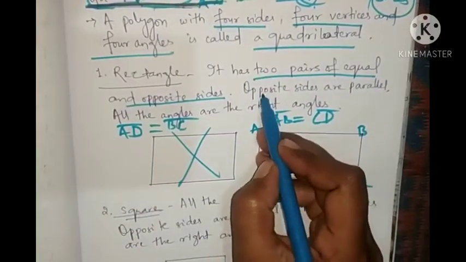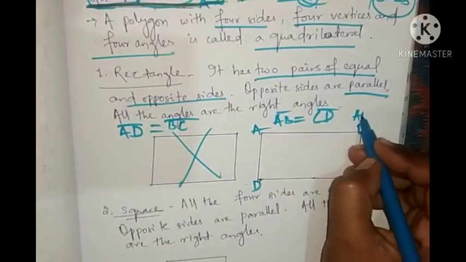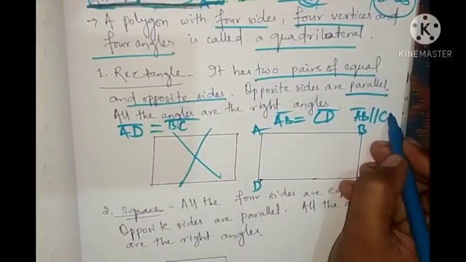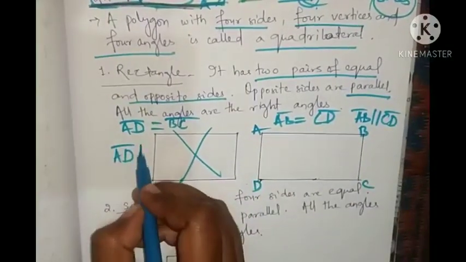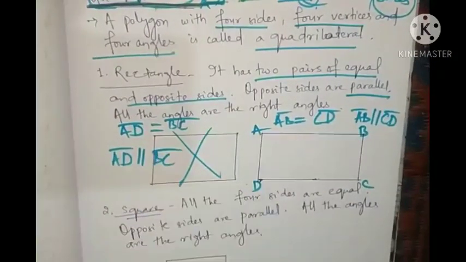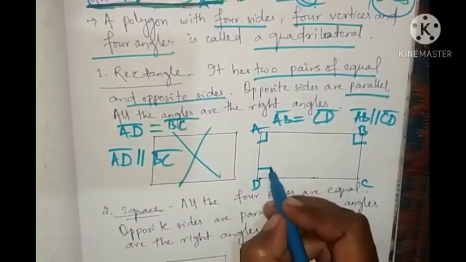What else? Opposite sides are parallel, meaning AB is parallel to CD and AD is parallel to BC. And all angles are right angles.